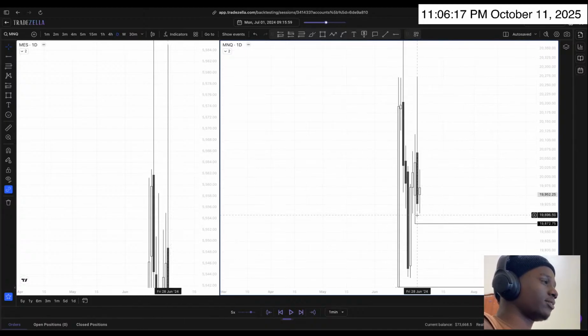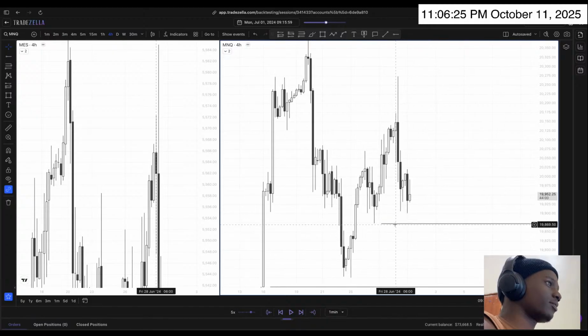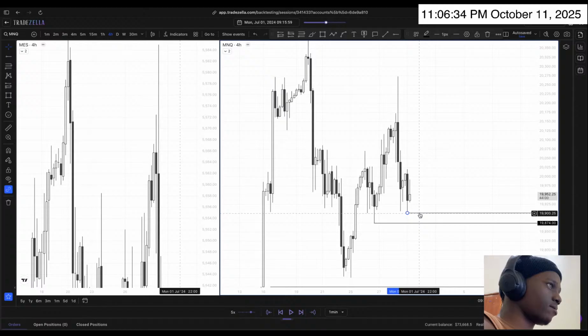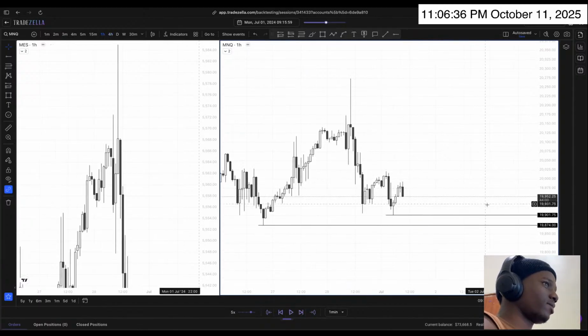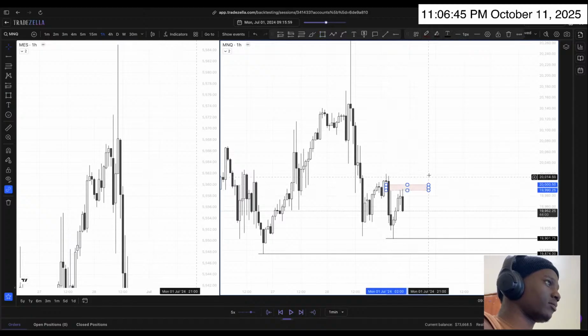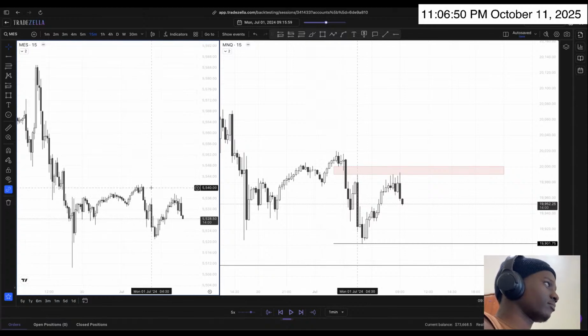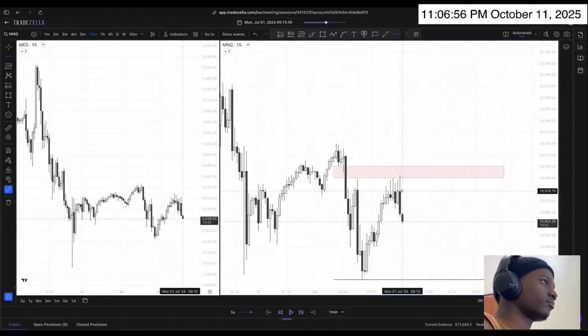Now we're rejecting, and obviously this low here is targeting a thing I can target. This favorite retracement, another favorite retracement here. 15-minute. Buy side.